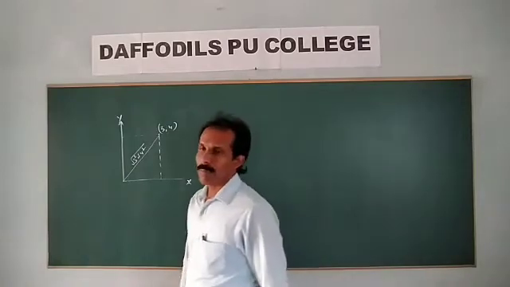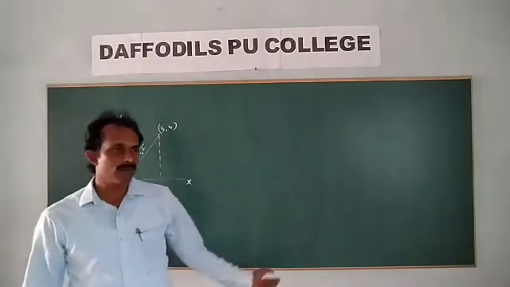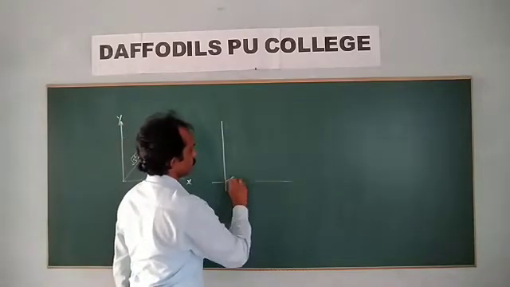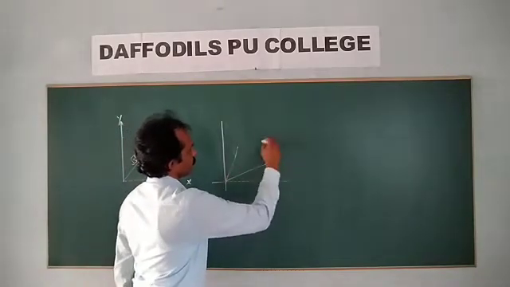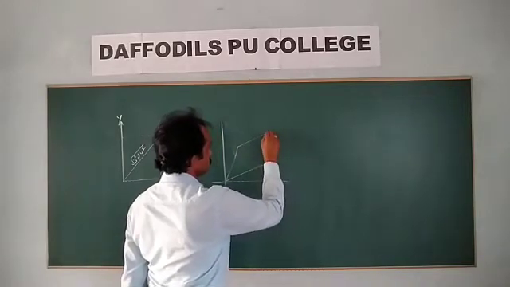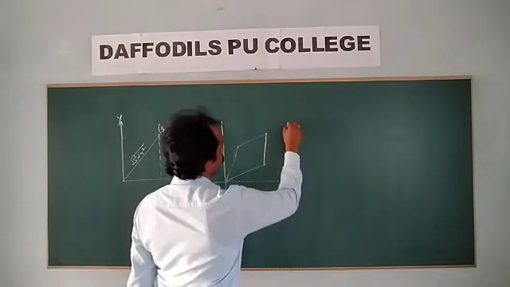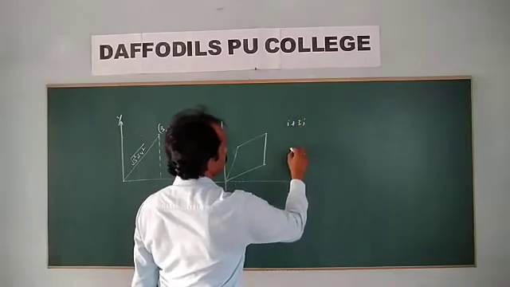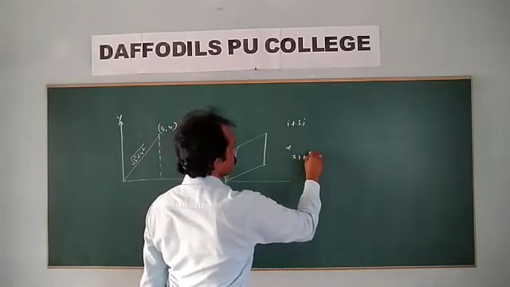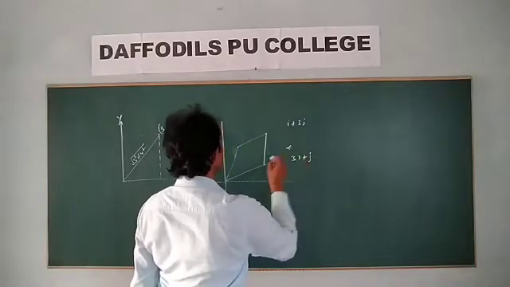And for example, in vectors also, take i plus 3j as the first vector and 3i plus j as the second vector.